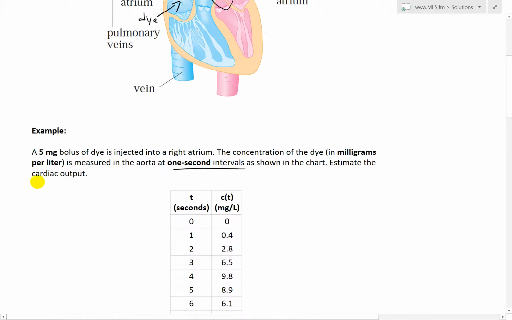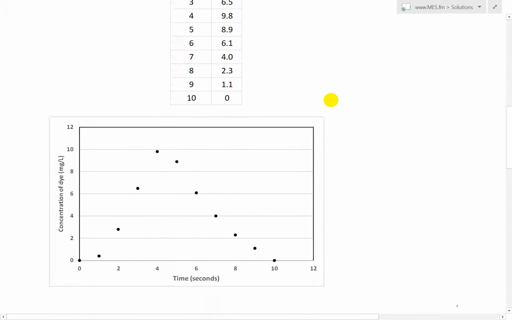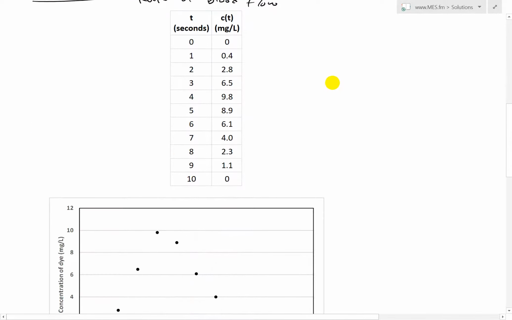Now the example asks us to estimate the cardiac output, in other words the volume rate of blood flow that the heart is pumping. I went over the formula for this in my last video.